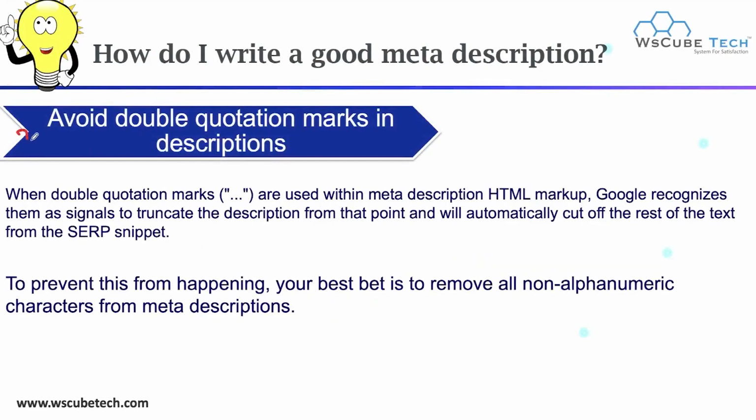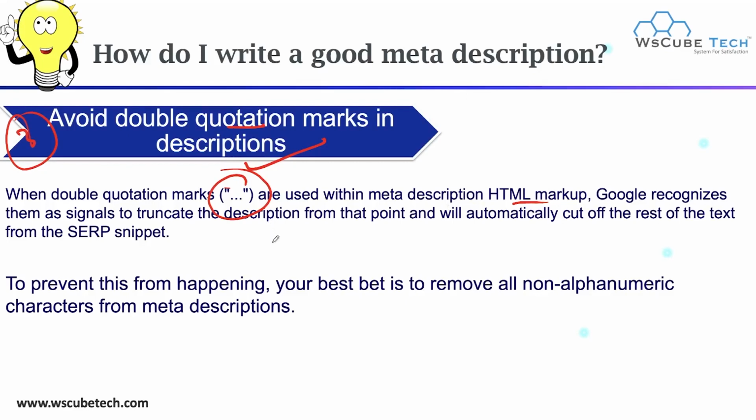Next, you have to avoid quotation marks in your description. When a double quotation mark is used within the meta description HTML, Google recognizes it as a signal to truncate the description from that point, and it will automatically cut off the rest of the content.